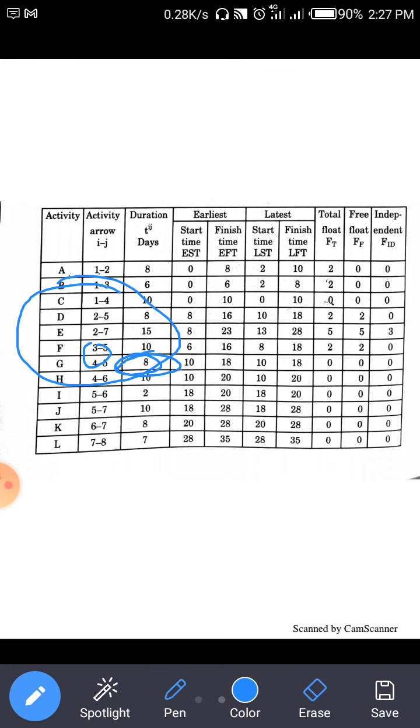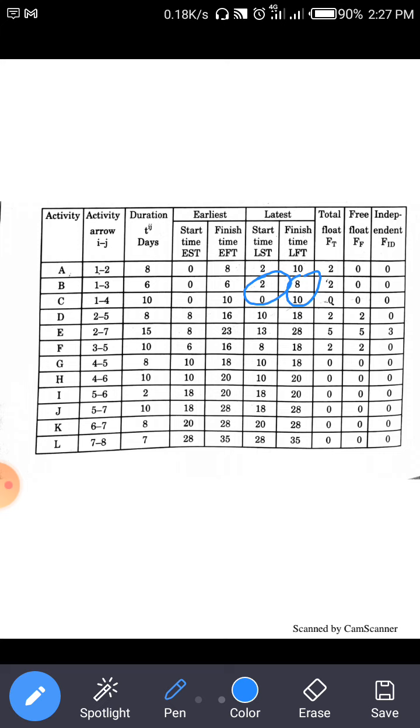So all these we write in the table, like 2 to 8 as latest starting time and latest finish time. Clear? Now total float, free float and independent float we get from the earliest starting time, earliest finish time, latest starting time and latest finish time.